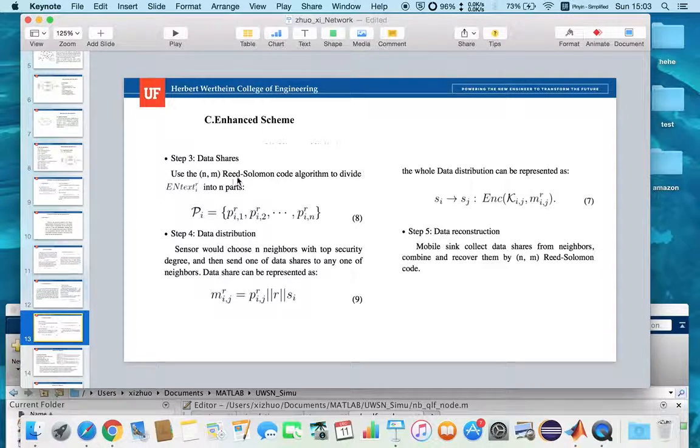It uses the RS code algorithm, and then we distribute the data. The sensor will choose the neighbors with the top secret degree, and then send one of the data shares to another, like this. The whole data distribution can be represented like this. The final step is data reconstruction. When the mobile sink collects data from its neighbors, it will combine and recover them by the RS code.